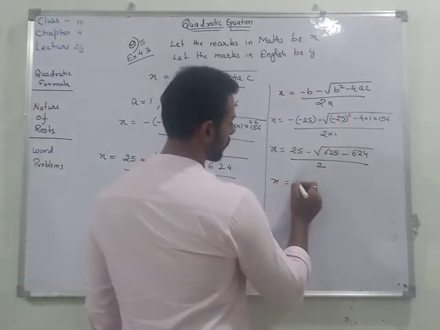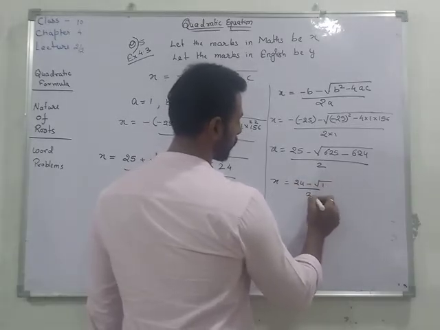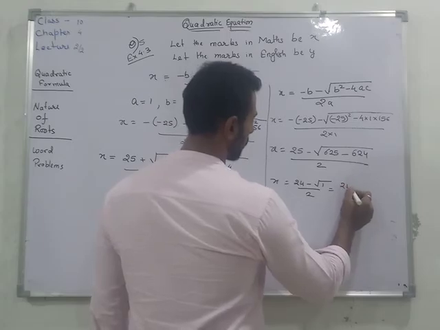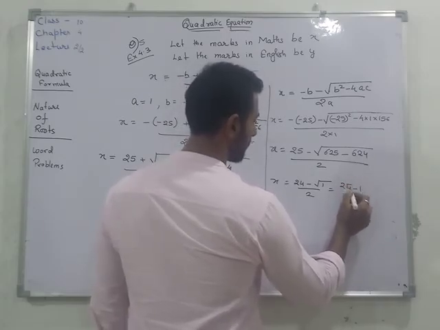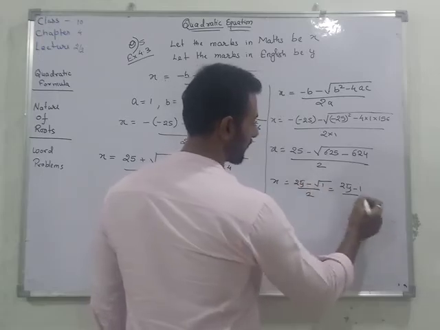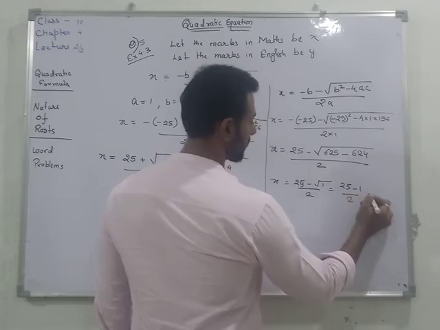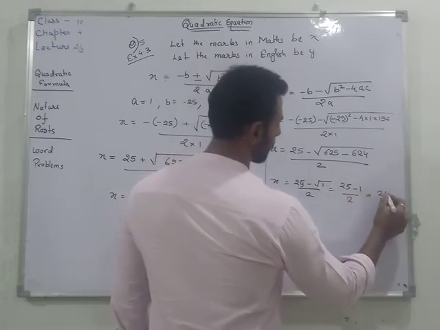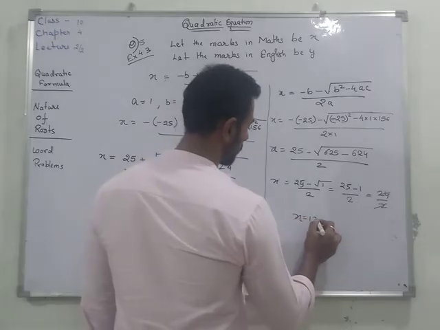So x is equal to 25 minus under root of 1 by 2, which is 24 by 2. Simplifying this, we get x is equal to 12.